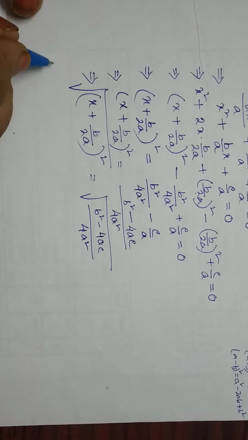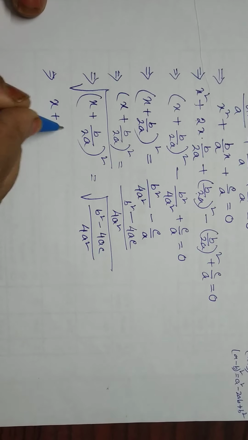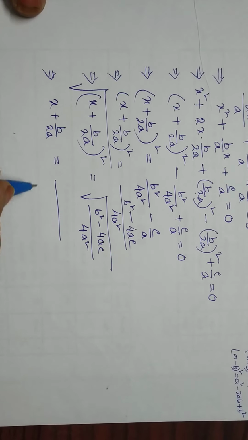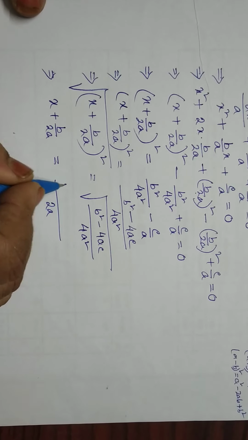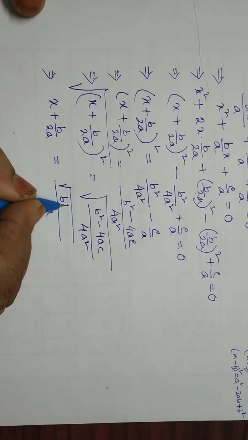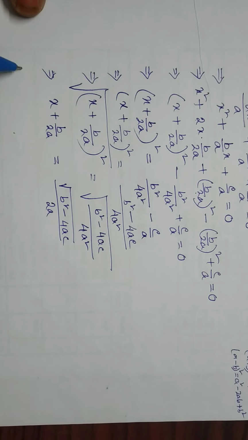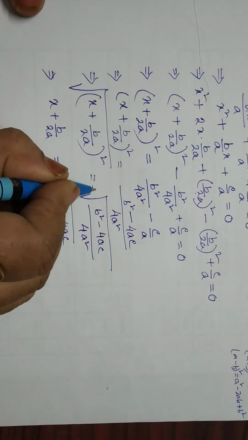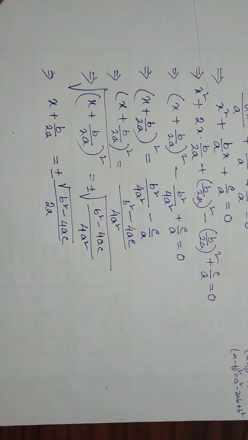Taking square root on both sides, this square will be removed: x plus b by twice a, and 4a square, we can find the square root as 2a, and this portion we keep as it is, root over b square minus 4ac, and this will be plus minus, because if we take the square root it may be a positive or a negative value.